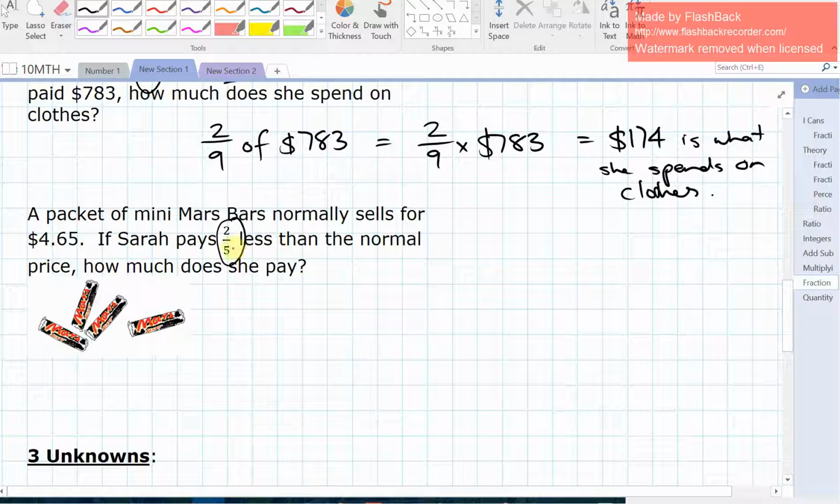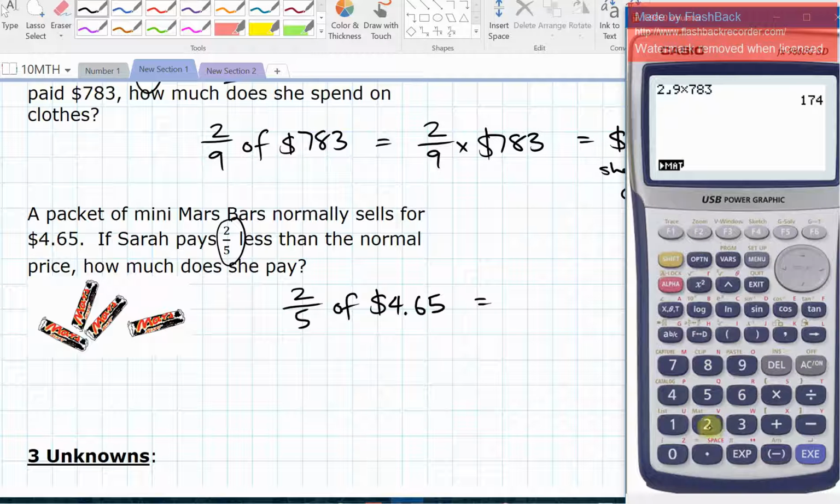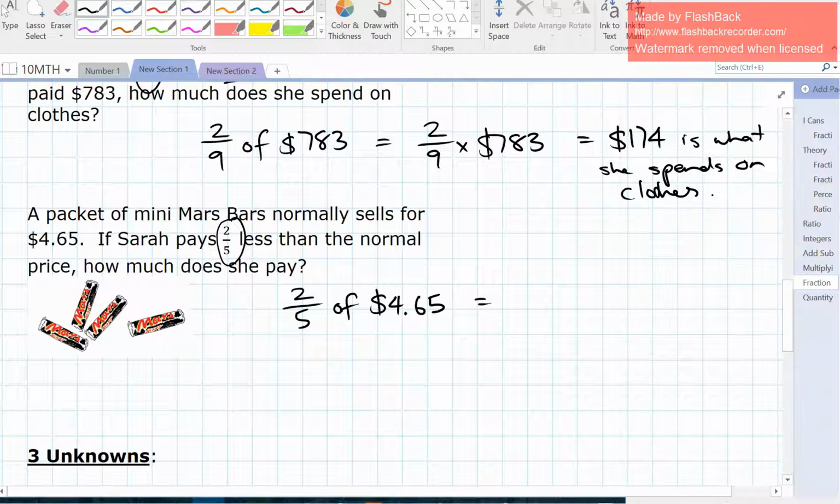So what is 2/5 less of that? Well, first of all, find 2/5 of $4.65. Okay, and that is $1.86. So 2/5 is $1.86.